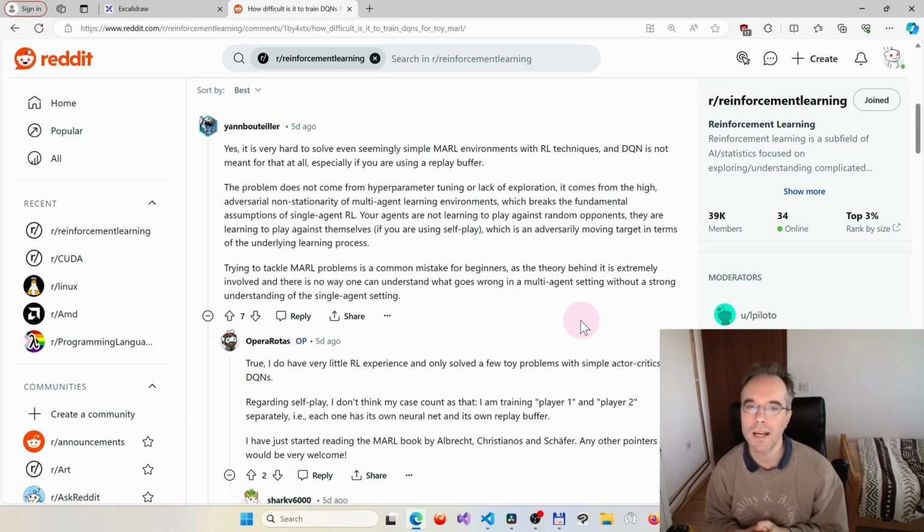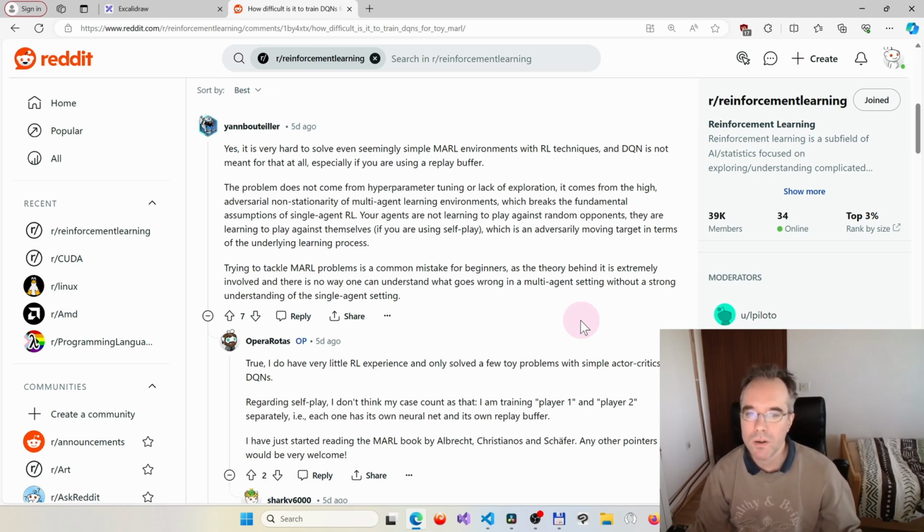It comes from the high adversarial non-stationarity of multi-agent learning environments, which breaks the fundamental assumption of single agent RL. Your agents are not learning to play against random opponents. They are learning to play against themselves if you are using self-play, which is an adversarially moving target in terms of the underlying learning process.